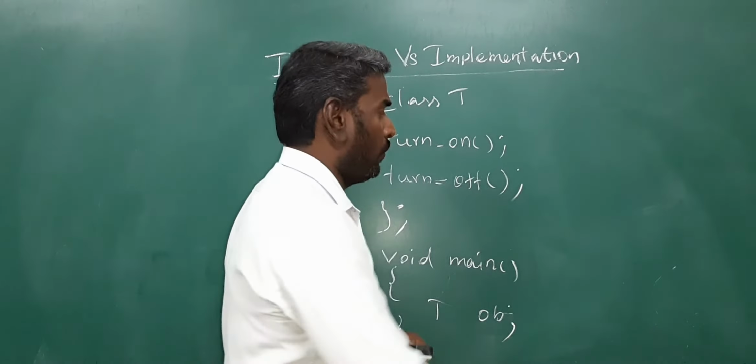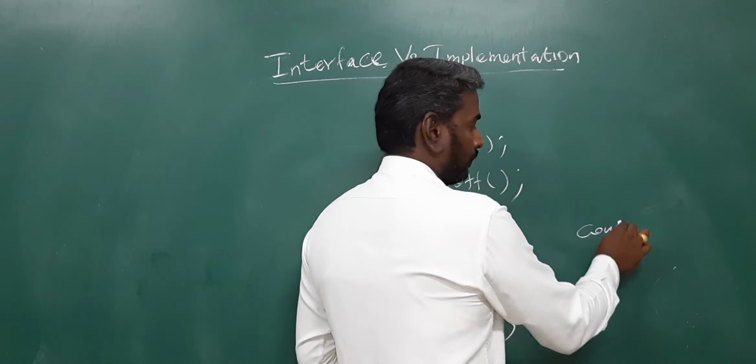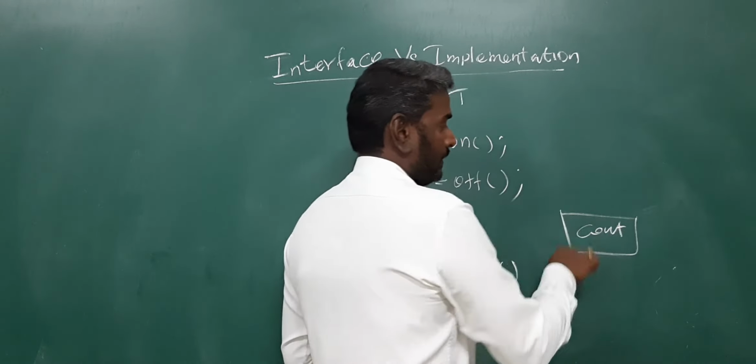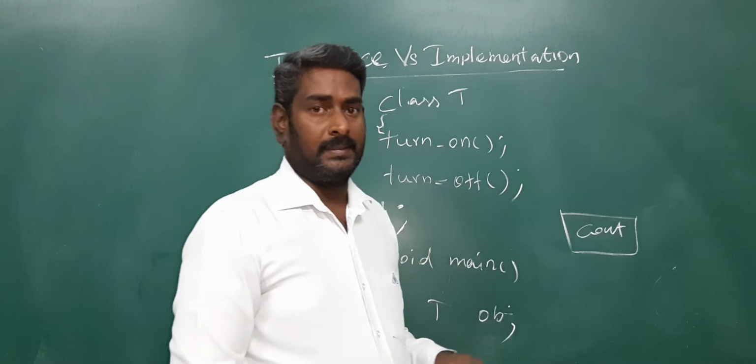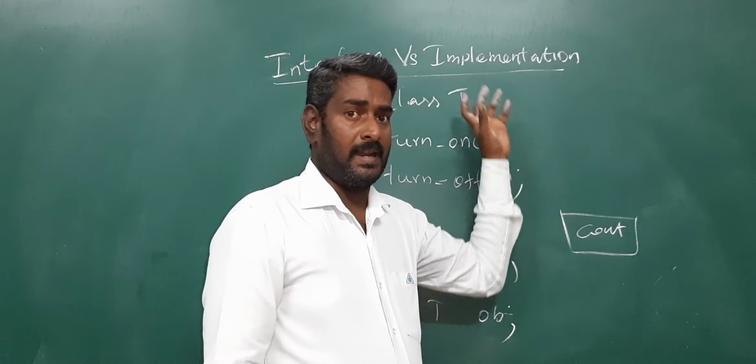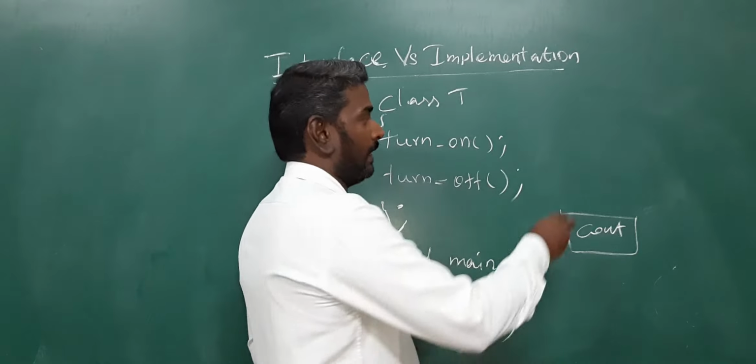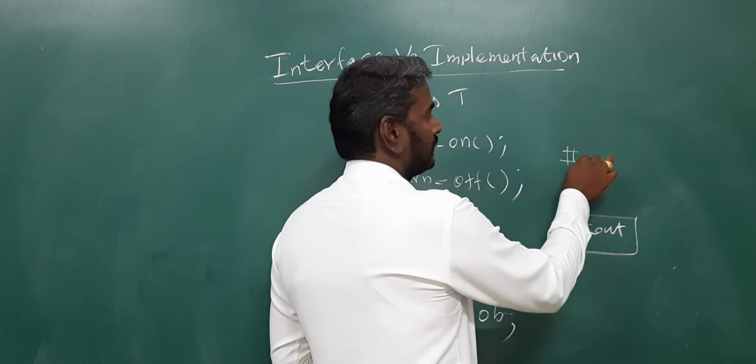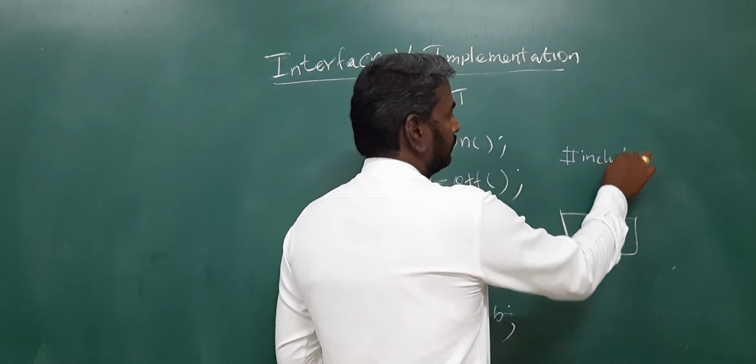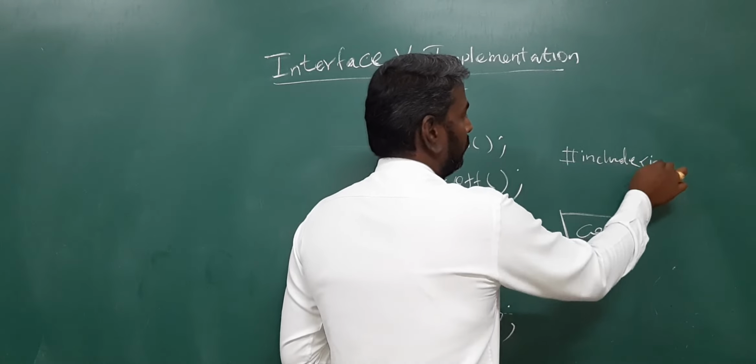The cout is the object. This object definition is already stored in the header file called include iostream.